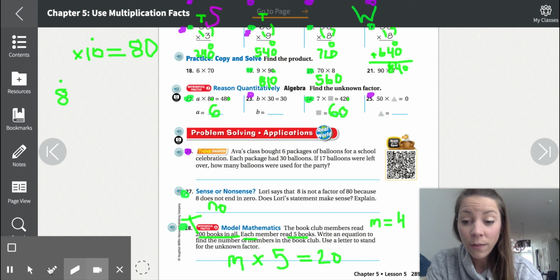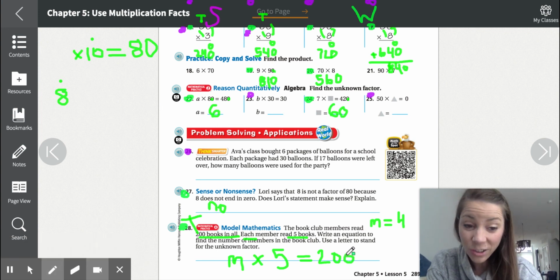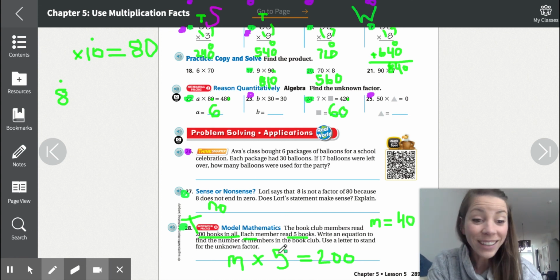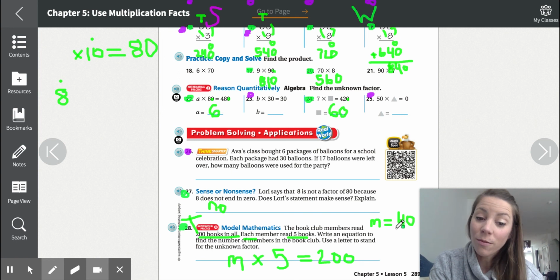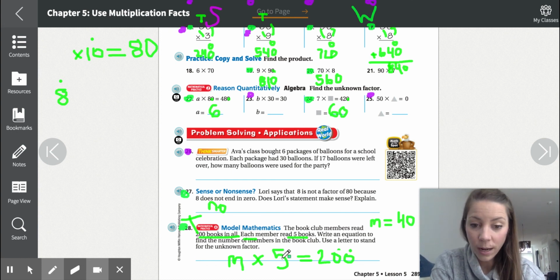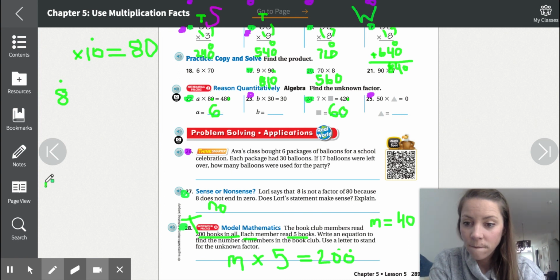So if I see that the answer has an extra 0, I need one of my factors to have that extra 0 too. So I need to put the 0 into this one since the 5 doesn't have one. Now be careful. Even though there's 2 zeros in this answer, there's not 2 zeros in my number for M, because if I check it, 400 times 5, what would that be?